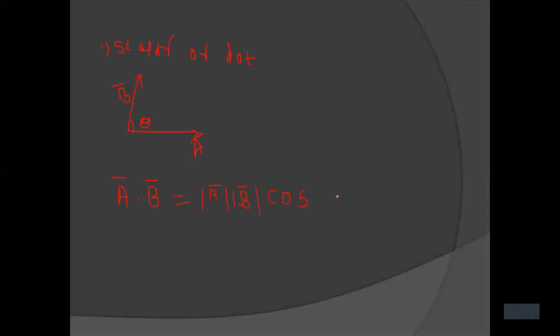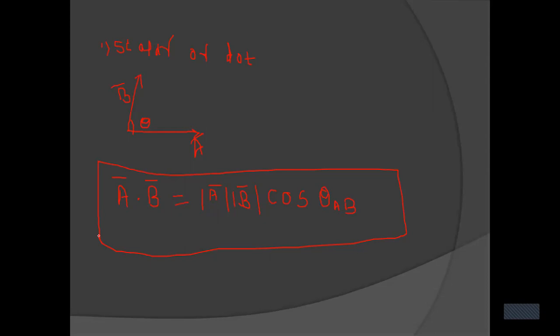So the angle is theta between vectors A and B, so we can take the suffix AB here. A bar dot B bar is equal to mod of A bar, mod of B bar, into cos theta AB. So did everyone get this definition? Yes or no?